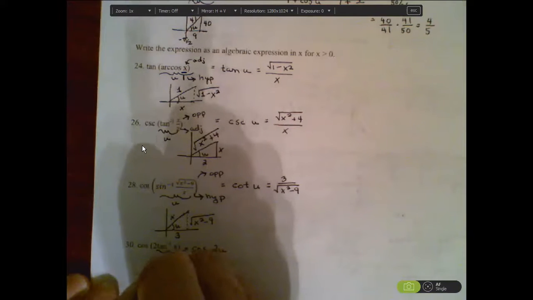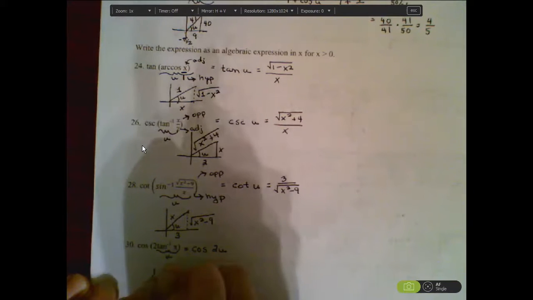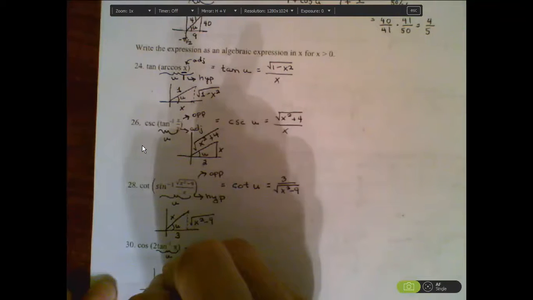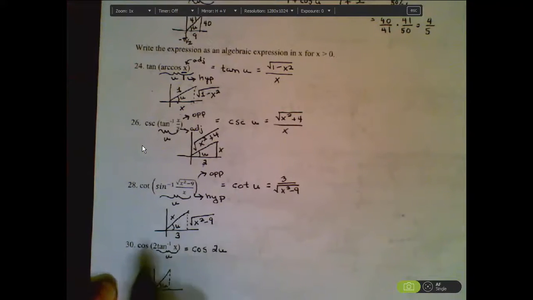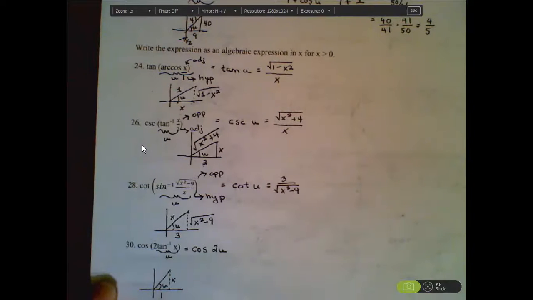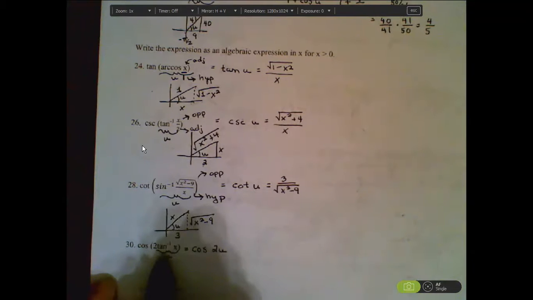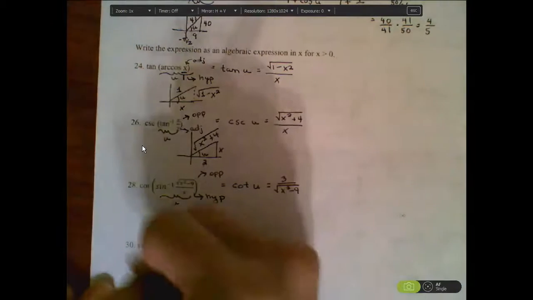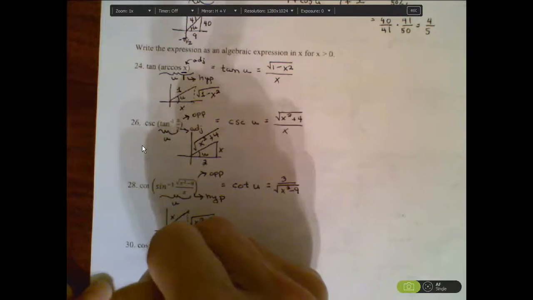First, I need to draw this angle u, and label this triangle in such a way that opposite over adjacent is x. That means opposite is x, adjacent is 1. Sure enough, the tangent of u would be x over 1. That's the angle we're looking for. That means the hypotenuse has to be the square root of, you could either say 1 plus x squared or x squared plus 1.